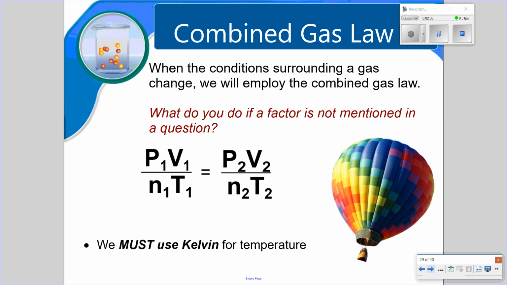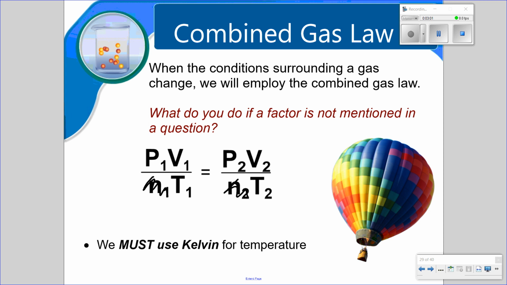If you do not see a factor mentioned in a question with the combined gas law, or if it notes that that particular variable is held constant, then you're going to assume it's held constant, and you are not going to include it in your combined gas law. You're just simply going to omit it.